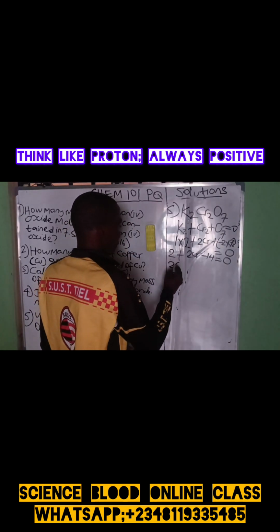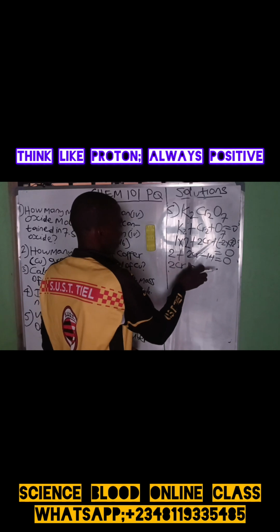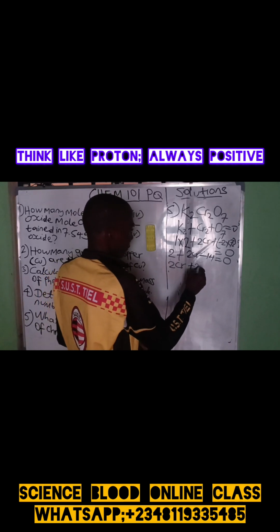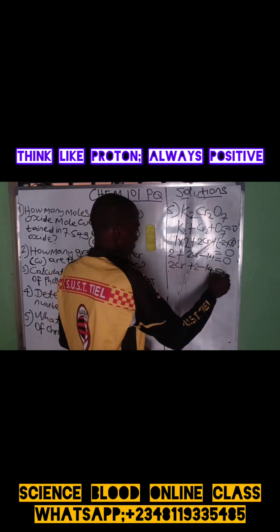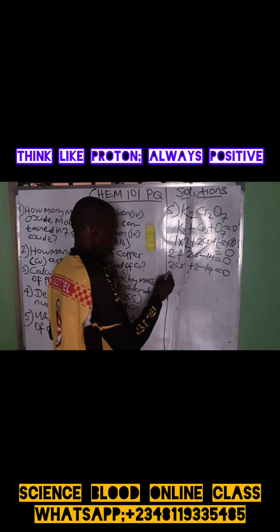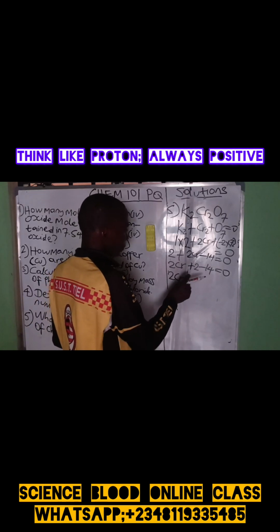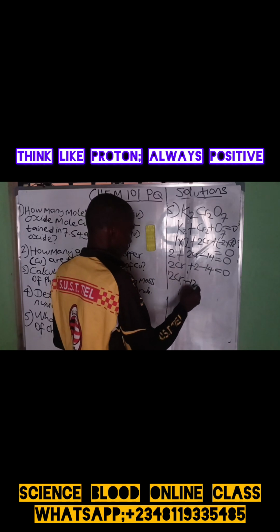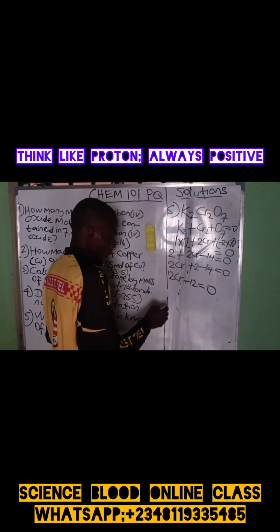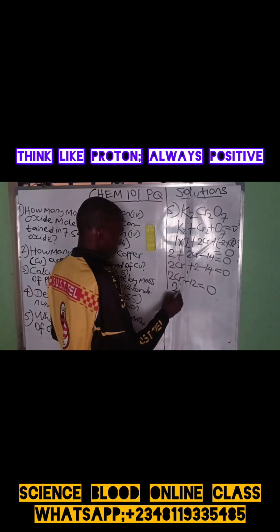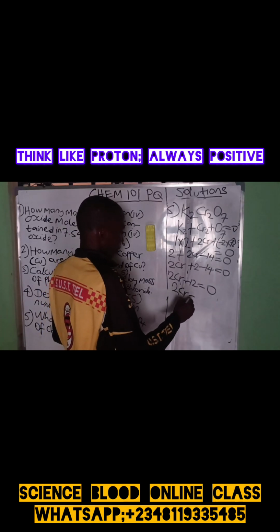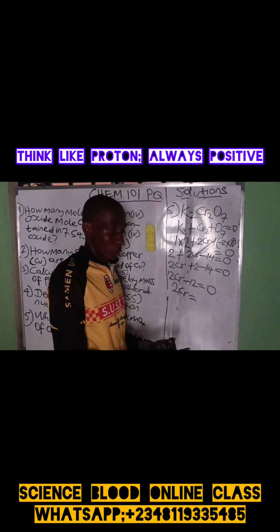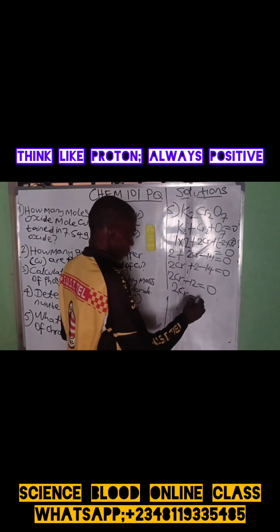So we have 2Cr plus 2 minus 14 equals 0. 2 minus 14 will give us minus 12, so 2Cr minus 12 equals 0. So 2Cr equals, this minus 12 crossing the equal sign to give us a positive sign.